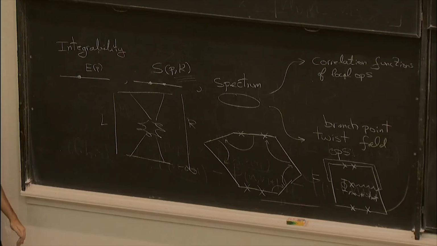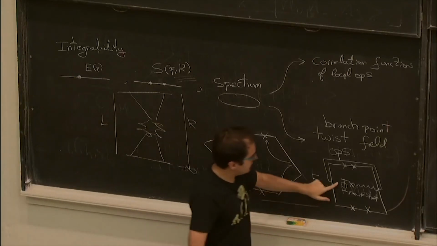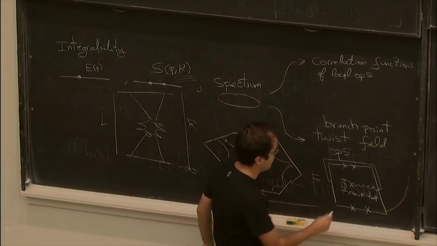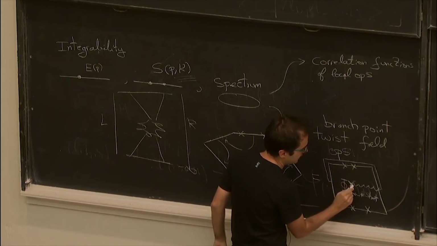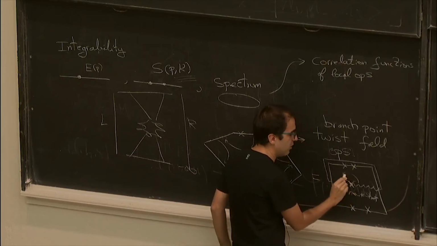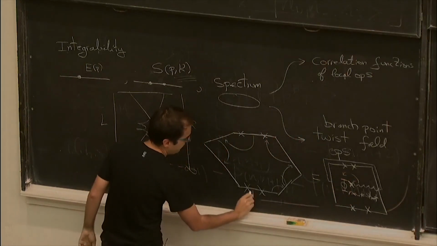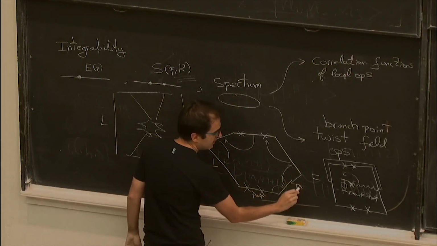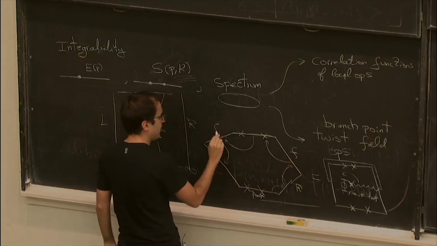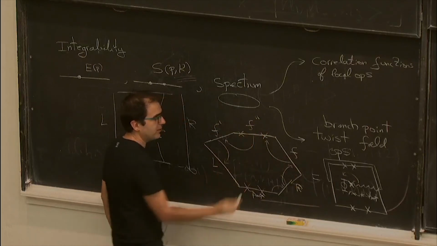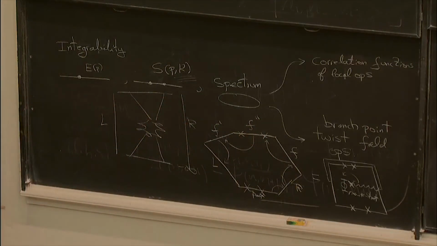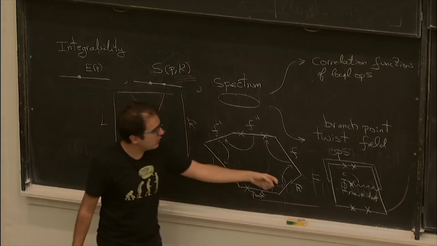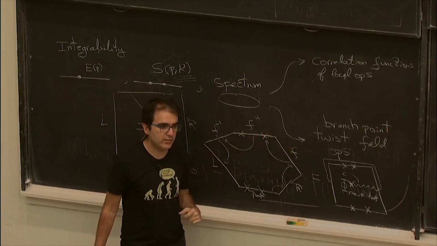Okay? So these operators here, these phi's, they have this effect. They insert some conical excess such that as I go around, now instead of having just a past and a future, I have a past, a left, a right, a future, another future, another future. So I have a bunch of futures, and the causal structure is such that I would have to go around more times to come back to myself.